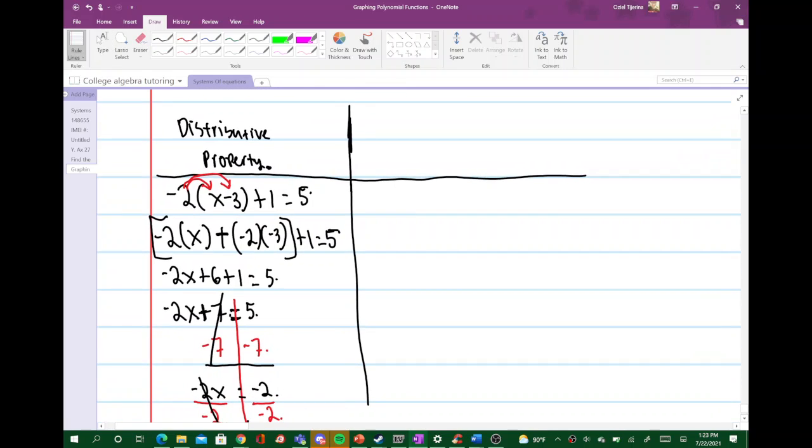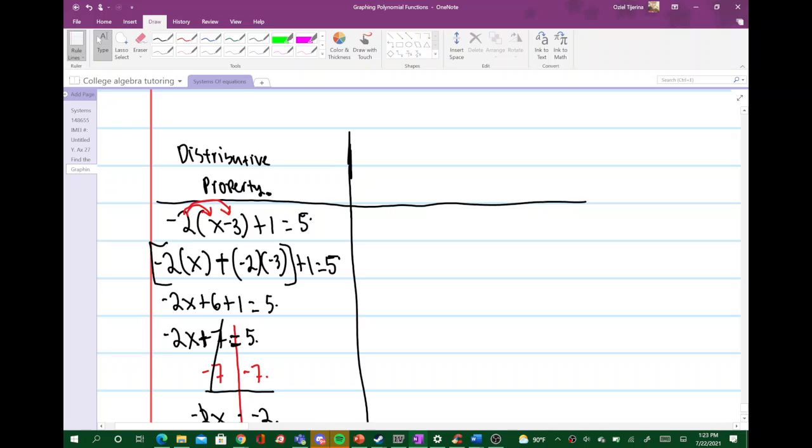Now, the other way in which we can do this one, I don't know exactly what to call it, but just watch what I'm doing. So we have -2 times x minus 3 plus 1 equals 5, right?